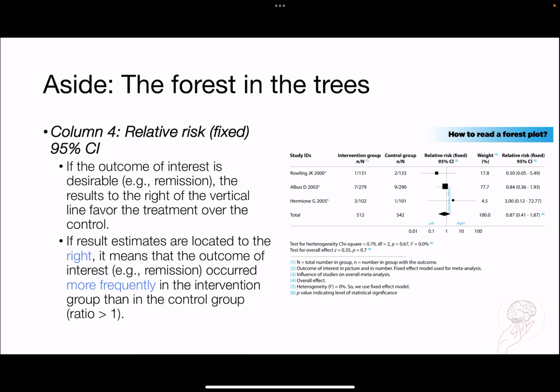If the result estimates are located to the right, it means that the outcome of interest occurred more frequently in the intervention group. And usually these will have something that says like favors intervention.